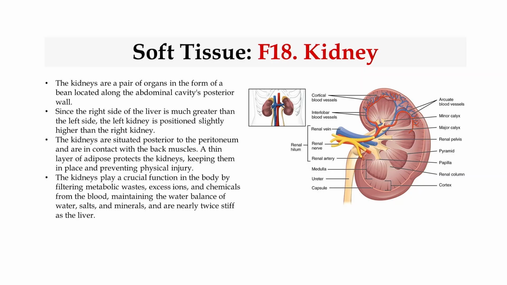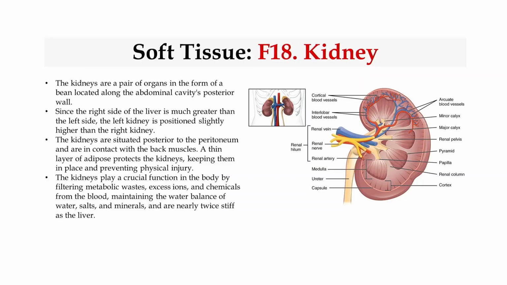So there is a little bit of differentiation in the positioning. The kidneys are situated posterior to the peritoneum and are in contact with the back muscles, so the back side of our body, right? A thin layer of adipose protects the kidney. Adipose tissue is a very common tissue which forms the lining of several important organs in the human body, right?